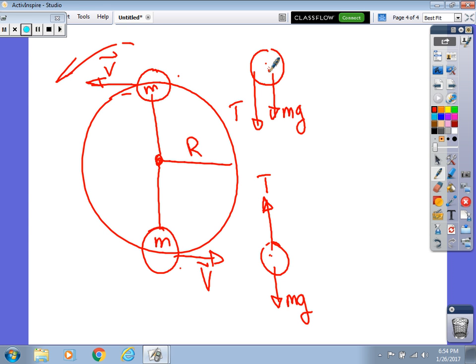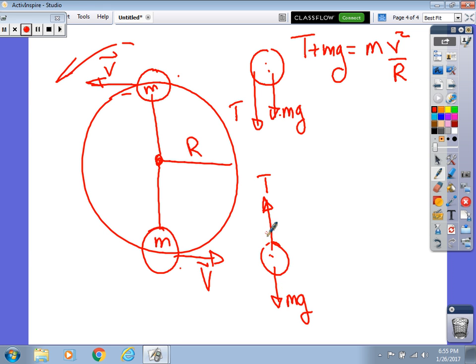So let's use Newton's second law, right? Here we go. Who's winning the tug of war? These two guys. So they're the net force, and that is equal to m times a. But now the a that we're talking about is our centripetal acceleration, v squared over r.